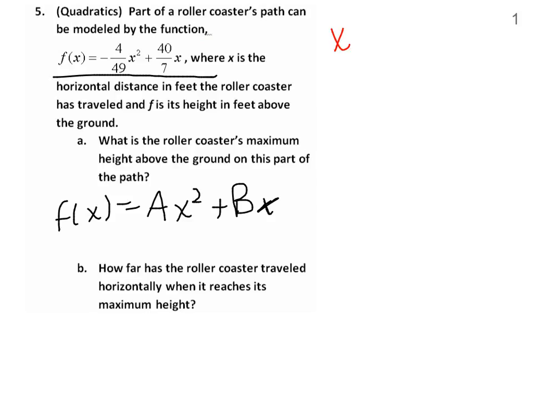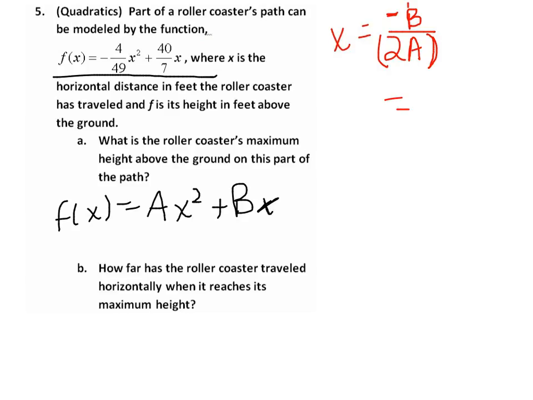So we know x is going to be negative b over 2a. Now you're probably going to want to put these in parentheses if you're typing in your calculator. You type in negative alpha B divided by parentheses 2 alpha A parentheses, equals.